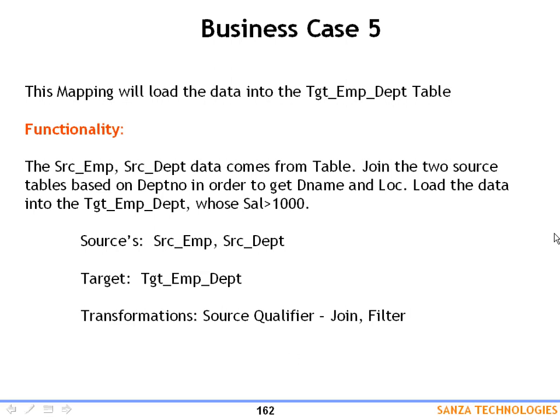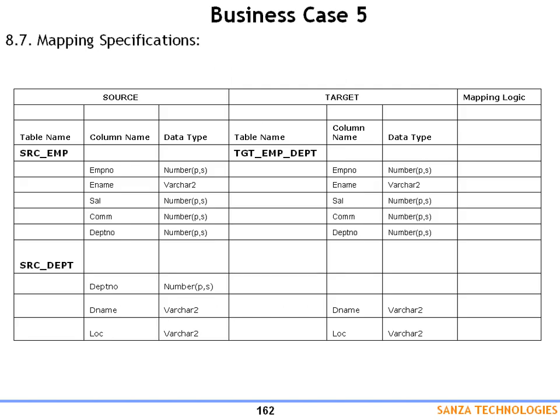Because we have an agenda. So sources, SRC_EMP table and SRC_DEPT table. Target, you need to load data into target table, and source qualifier. Now, if it is a relational table, how do you do it in Informatica?